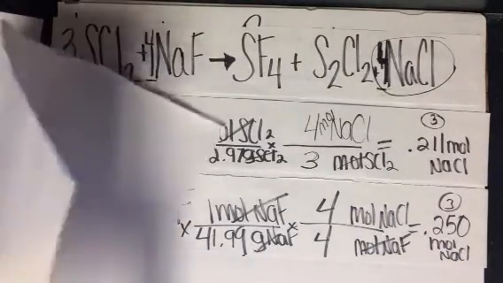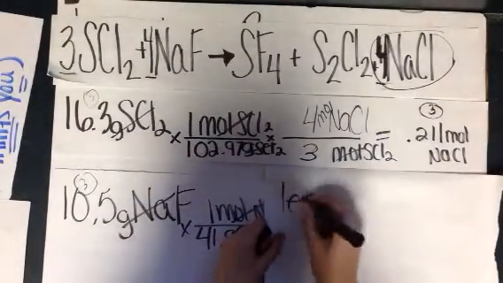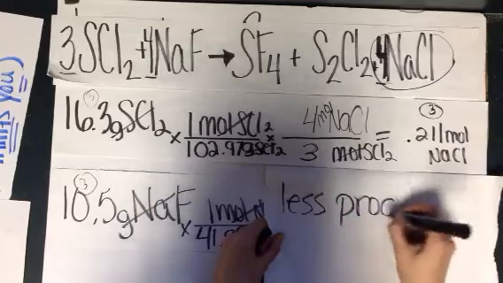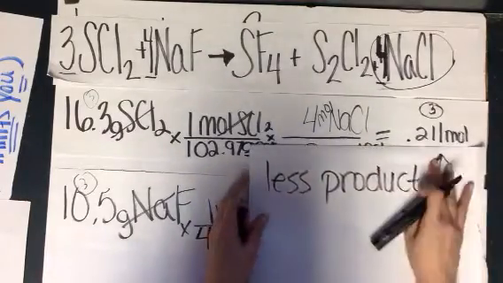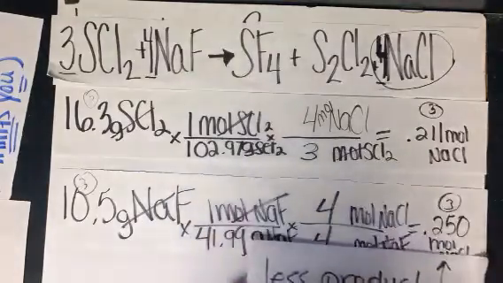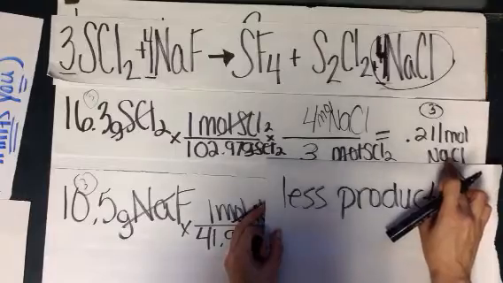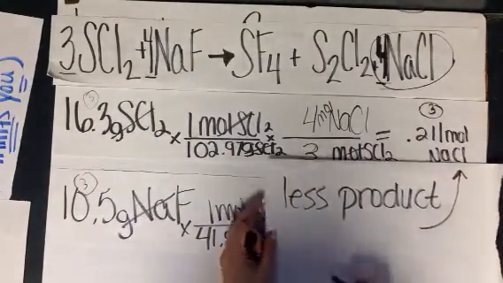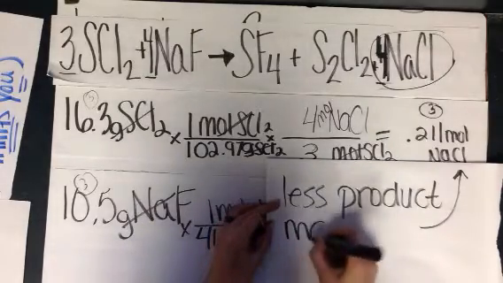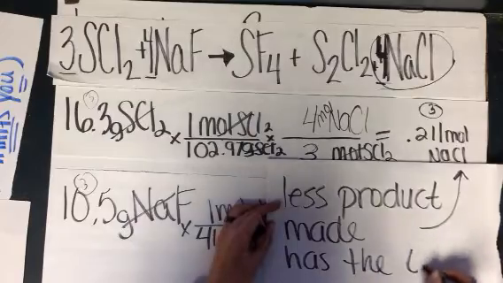So let's write that down. When you make less product, 0.211 is smaller than 0.250, so I made less product. Then that's the reactant that limits you. Okay, less product made has the limiting reactant in it.